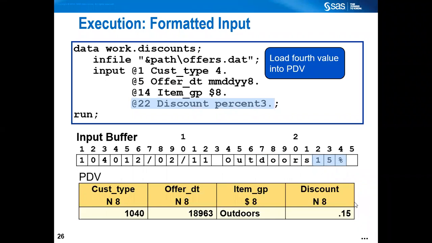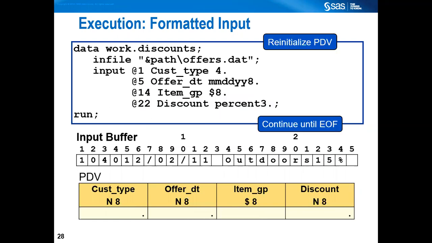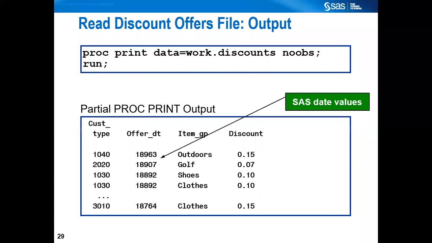All right, so this is how it works. For every record from your raw file, your data step will iterate that many times, loading raw data records into the SAS data set. And with run, there is implicit output and implicit return. So the first record is read from your raw file into your new data set, and this continues until the end of the file.